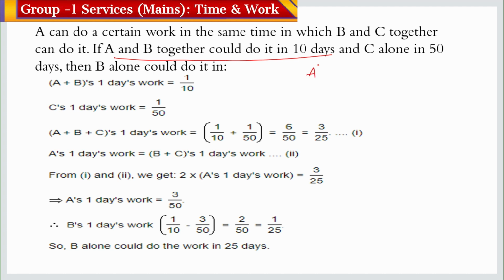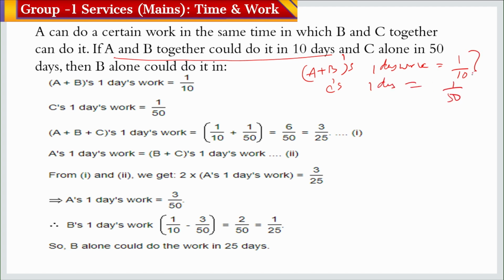So, A plus B's 1 day work is how much? 1/10, correct. And C can do the work alone in 50 days, means C's 1 day work is 1/50.